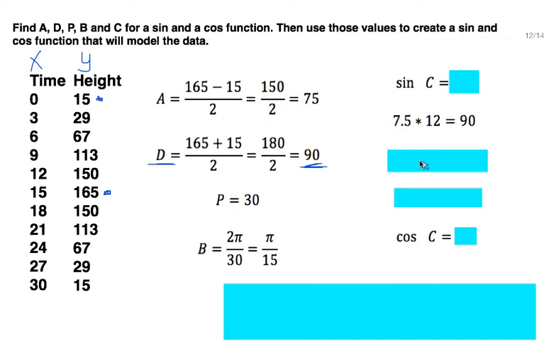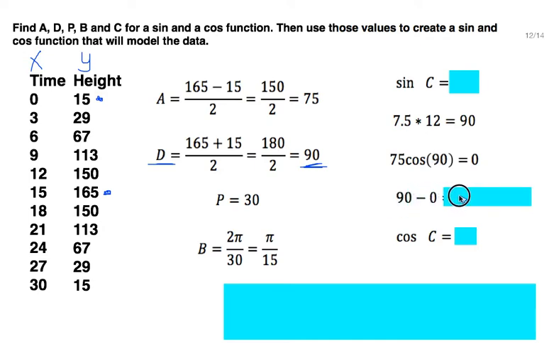And then to find the height of the vertical line, it was 75 times cosine of 90 degrees, our angle right here. And when we plug that all into the calculator, we would get a 0. Then to find how high off the ground we were, we do 90 minus our vertical height of 0, and we end up with a 90.